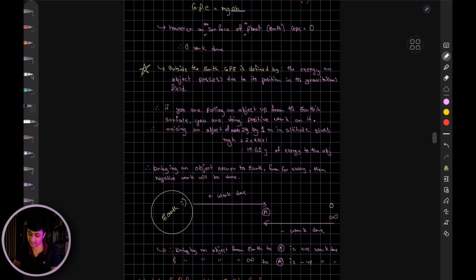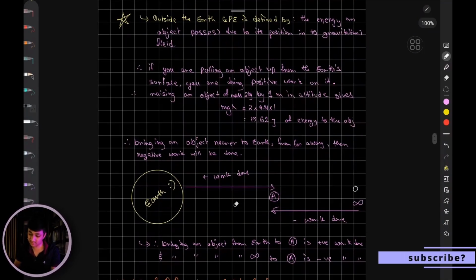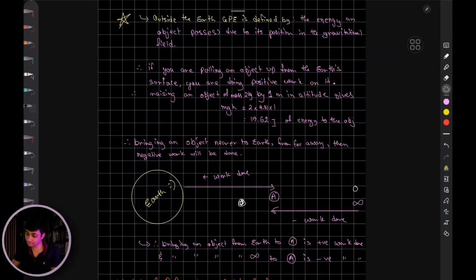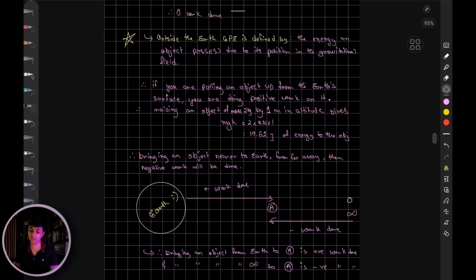Let's say I have an object here, and if it is near the Earth's surface, it's going to have a specific potential energy. If it is farther away from the center of Earth, it will have a different potential energy. Therefore, relative to its position, it's going to have different gravitational potential energy.